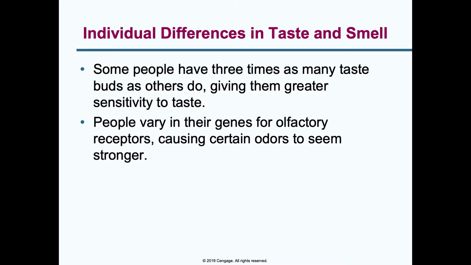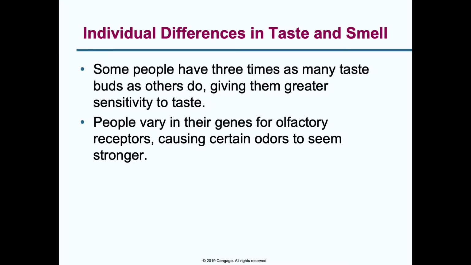There are some individual differences that we have to realize in people when it comes to taste and smell. When it comes to taste buds, some people have 3 times as many taste buds as others, so their sensitivity to taste is greater, and they have stronger food likes and dislikes.